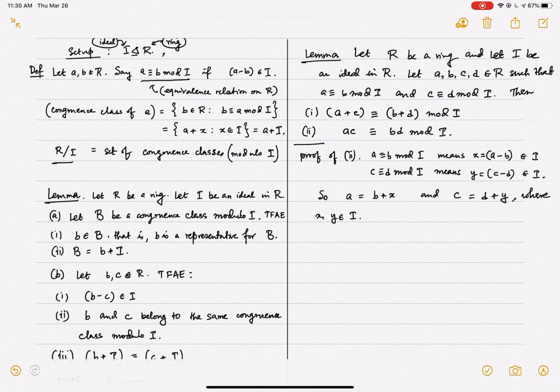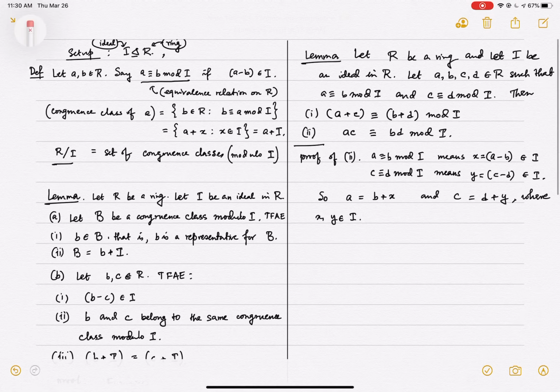And now I want to check ac and bd, so let's calculate ac. So ac is b plus x times d plus y, which is, if you multiply out, bd plus by plus xd plus xy.